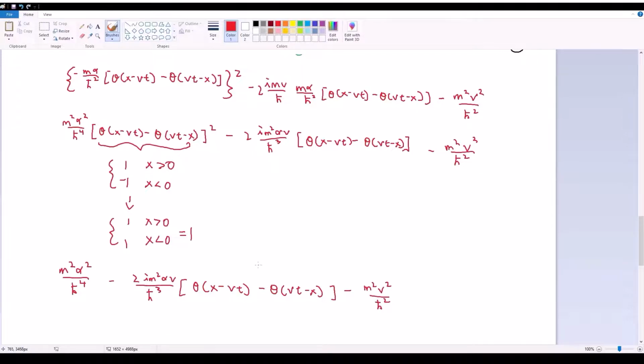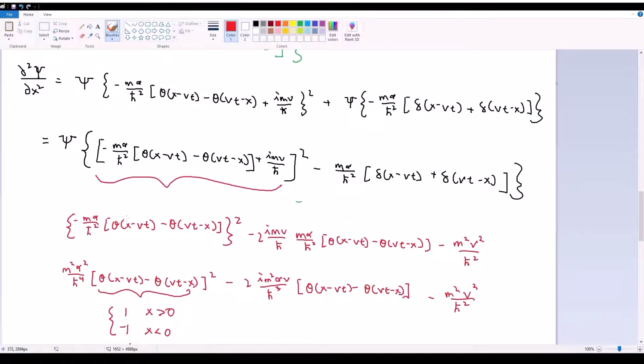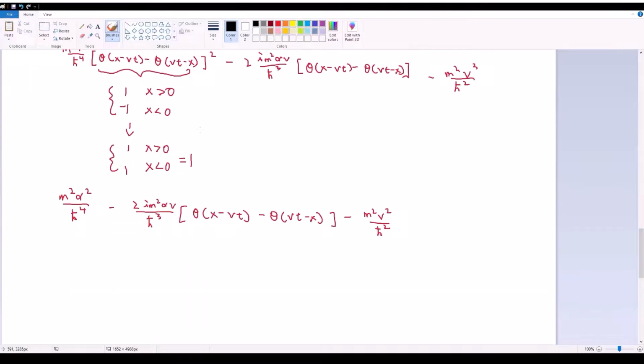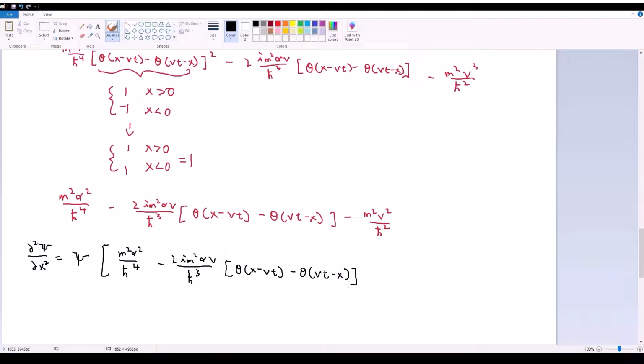And at this point, we can finally plug everything back in, and what we're going to get is that the second derivative of psi with respect to x is going to equal psi multiplied by m squared alpha squared over h bar to the 4th minus 2i m squared alpha v over h bar cubed times theta x minus vt minus theta vt minus x minus m squared v squared over h bar squared.